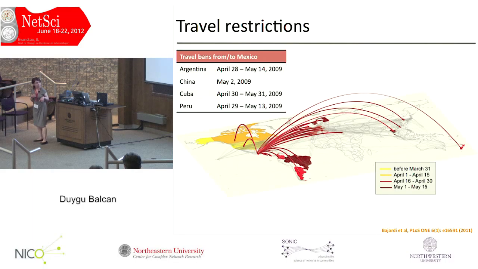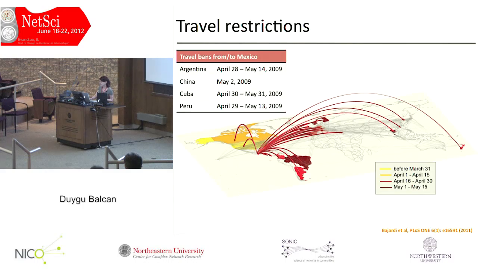Some of them kept the bans for a very limited duration, but some countries like China could not recover the connections, for instance, until almost the end of the year. And from the statistics of travels to and from Mexico, we have seen that there was a reduction in the volume. The largest reduction was observed during May 2009, of about 40%.